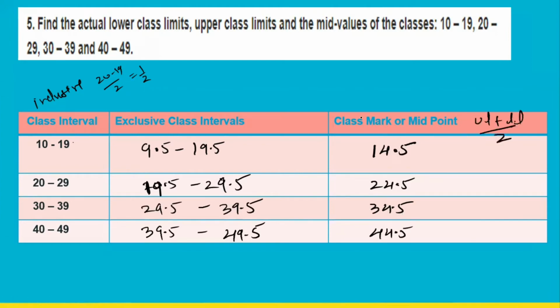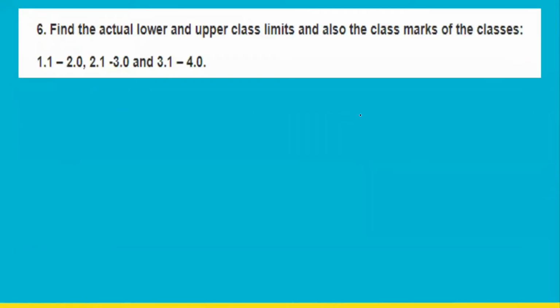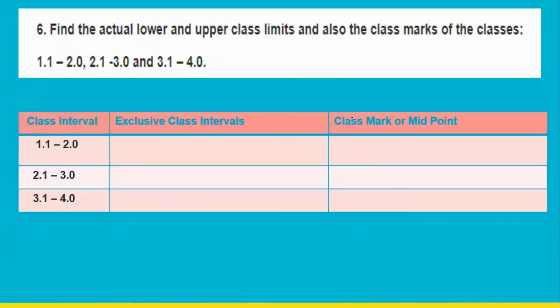Just remember. Moving to question number 6 again. Find the actual lower and upper class limits and also the class marks over here. Now look at the adjustment factor. You have to take the difference between these two. 2.1 minus 2, you get 0.1. And 0.1 divided by 2, you get 0.05.